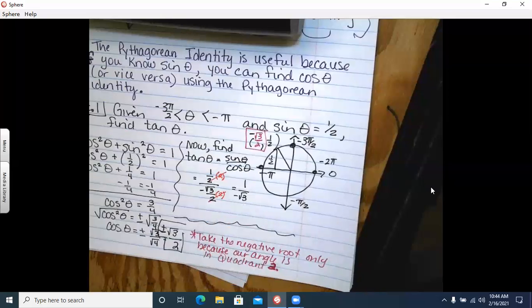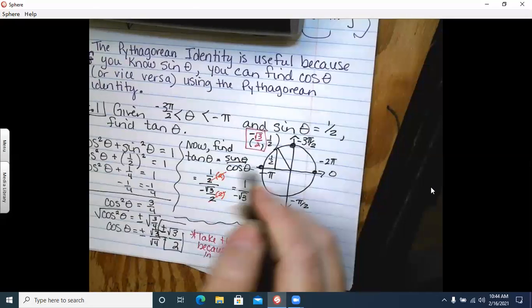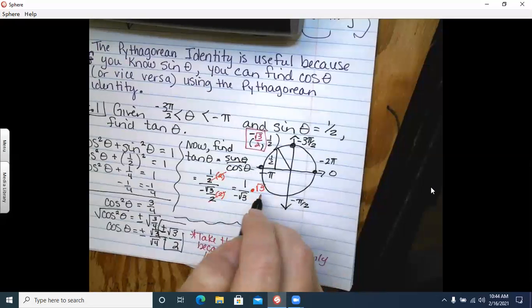Exactly, I can't have a negative in the denominator, so there's one problem, and you don't want to leave radicals in the denominator. That's 2 problems. So we have to rationalize it. I already know the negative is going to be moved to the numerator. But how can I get rid of the square root of 3 in the denominator?